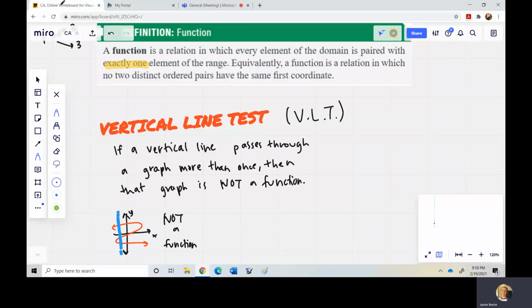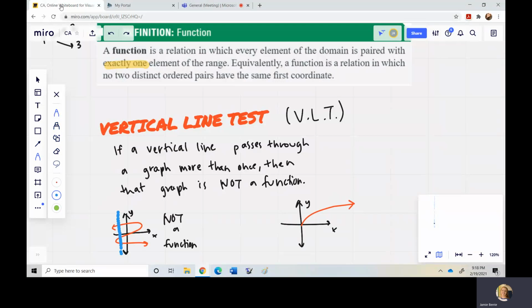Now let's look at something that is a function. Vertical line test is very useful. All right, so let's say that we had a graph that looks like this. This is a square root graph. This is totally fine. Anywhere that you draw a vertical line, it's only going to pass through one time. That indicates that this is a function.